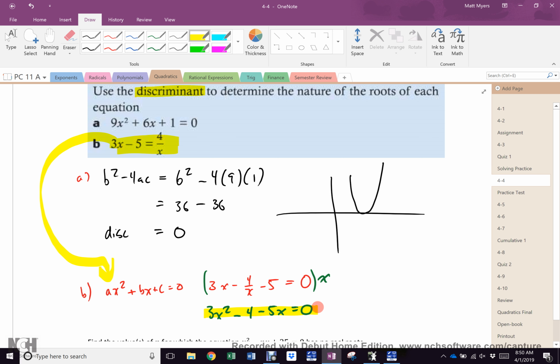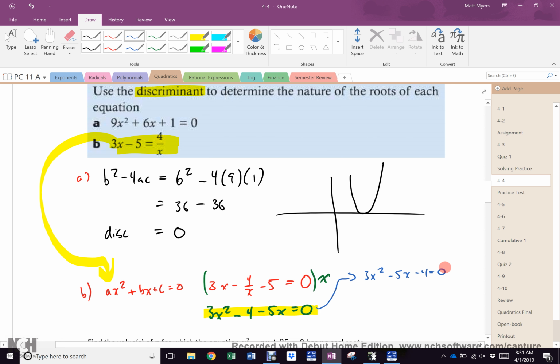What if we're thinking this is fine, but we must follow the formula, does this work? No, because in this one, what's C? 4. But it would appear that it's 5x, right? So the smart thing to do here would be to put it into this form. 3x squared minus 5x minus 4 equals 0.